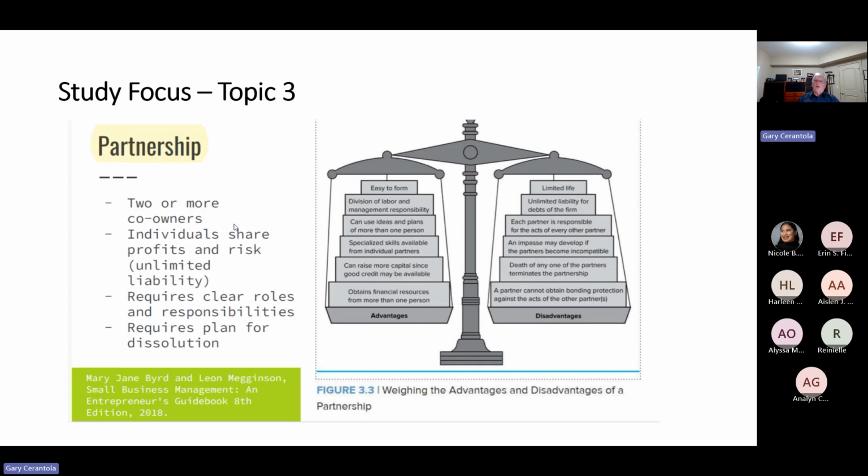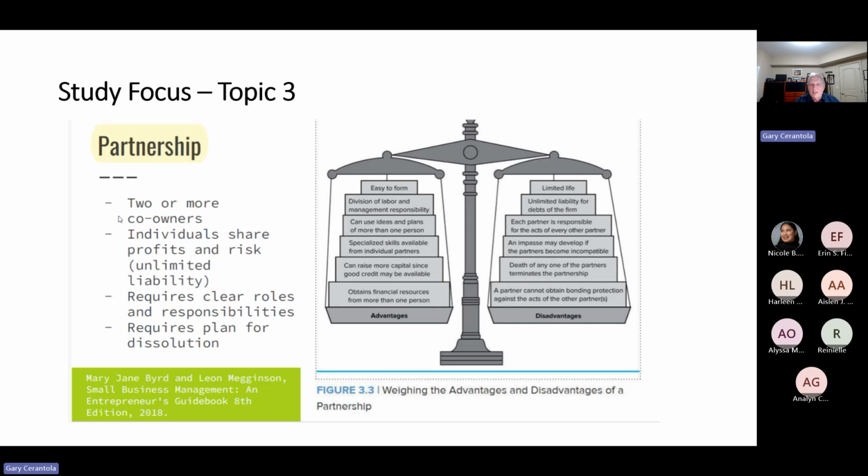Partnership, two or more co-owners. Individuals share the risk, and this is an unlimited liability. Okay, and it requires clear rules and responsibilities. So the key thing is unlimited liability.